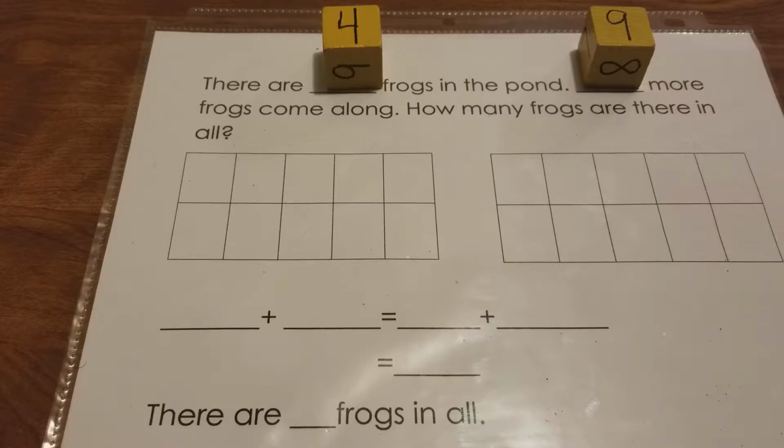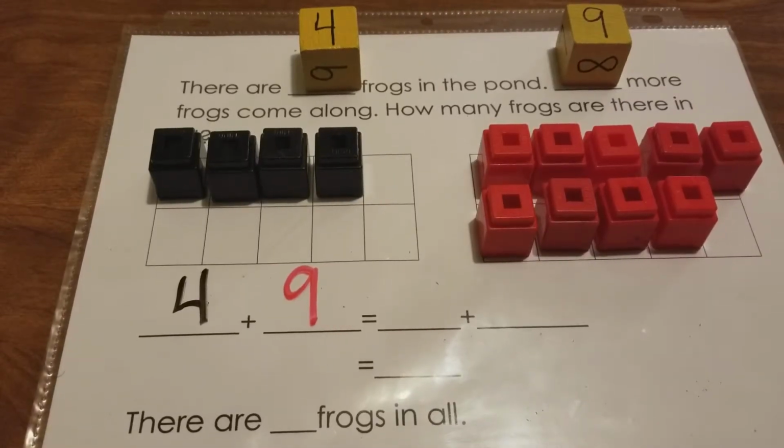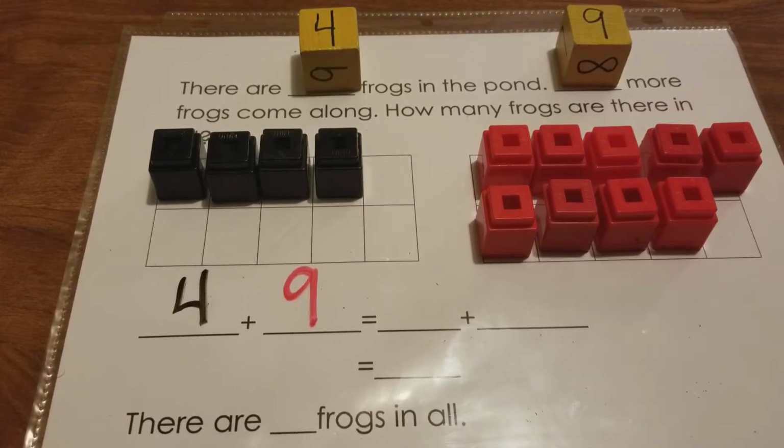So we'll use our Make 10 strategy, but we'll start off in a concrete way. And that just means that we're going to use some type of counter to show the numbers that are in the story. Okay, so my black counters are showing the frogs that were in the pond.